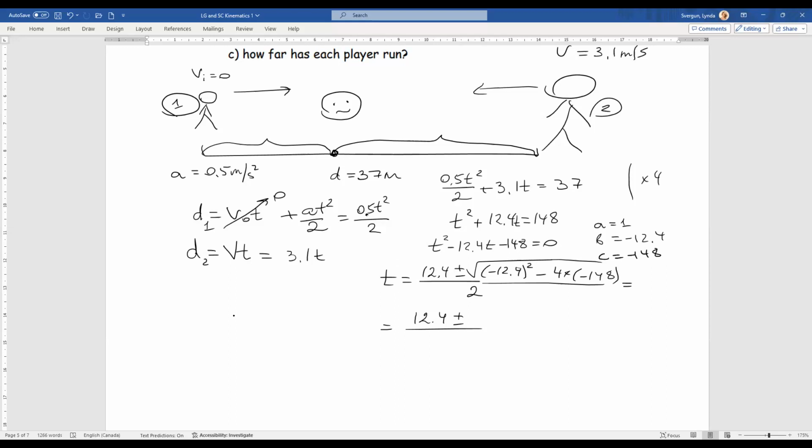Negative multiplied by negative gives you plus, so plus 4 times 148. So 745.76. We can round after. Square root is about 27.3. Okay, so what you do? One root is when you add them.